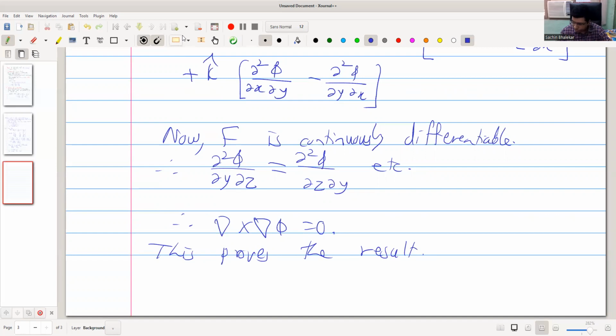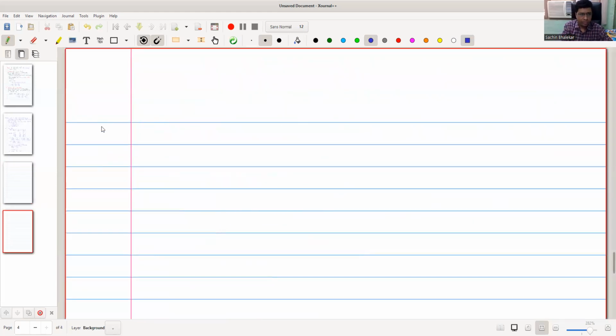Next result is, first thing, the trace of the Jacobian matrix is the divergence of F. Trace of a matrix means the sum of diagonal elements.